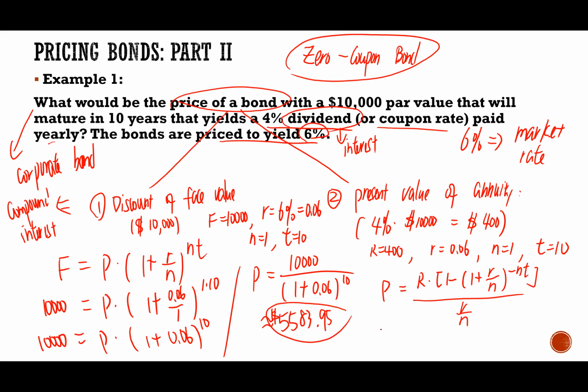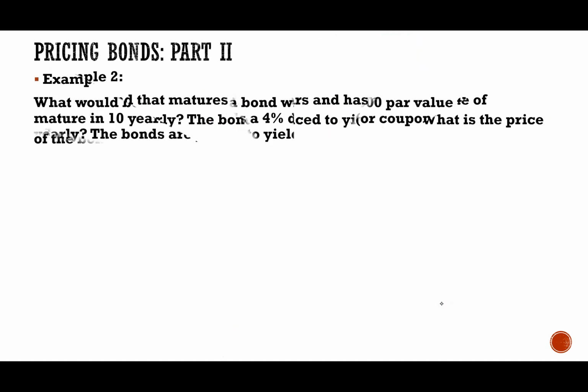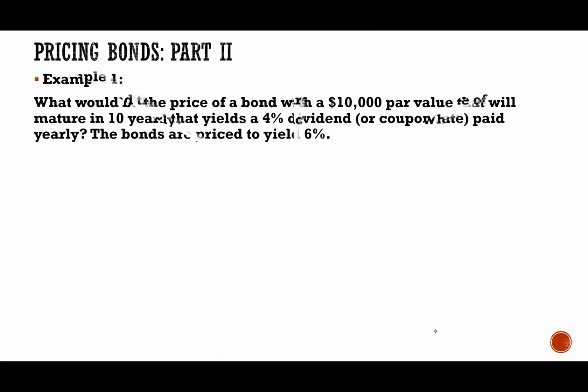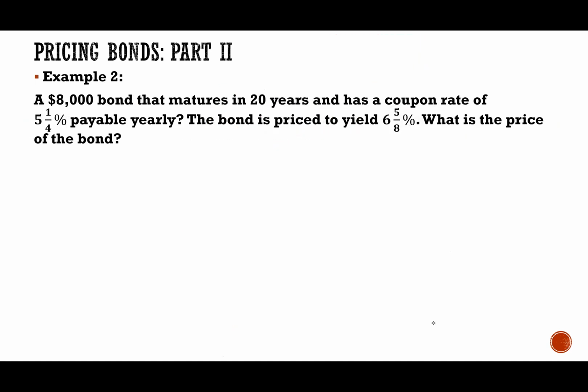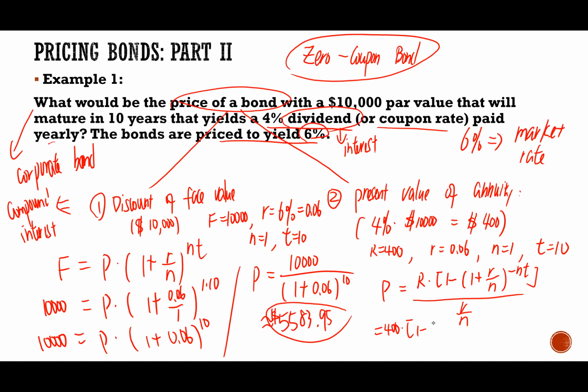We get 400 multiplied by 1 minus (1 plus 0.06 over 1) raised to negative 1 times 10. That's the exponent, and dividing by 0.06 over 1 is just 0.06. So you can just write it like that.